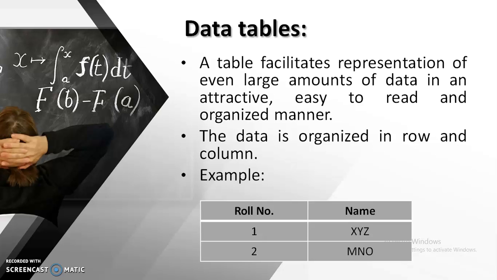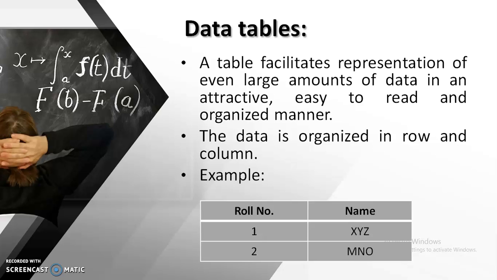So what is a data table? A table facilitates organized representation of even a large amount of data, meaning there is no fixed limit on the amount of data, right? In an attractive, easy to read and organized manner.